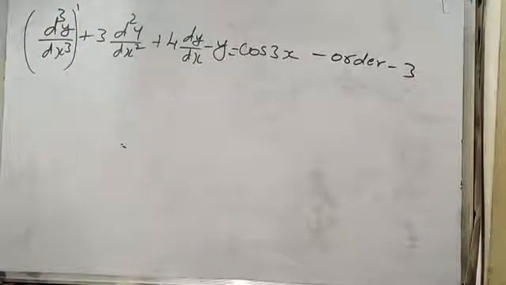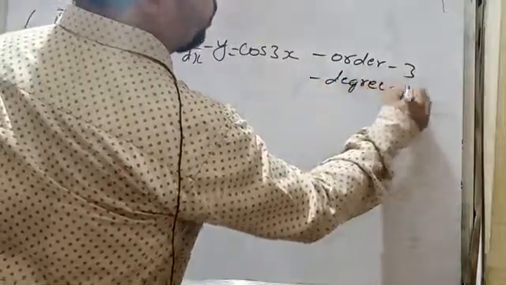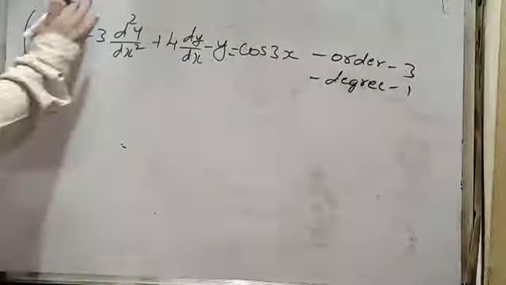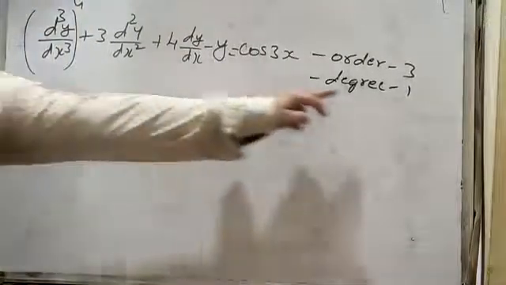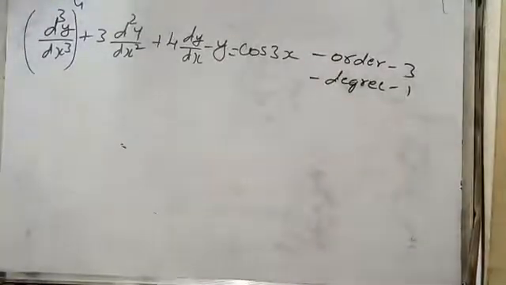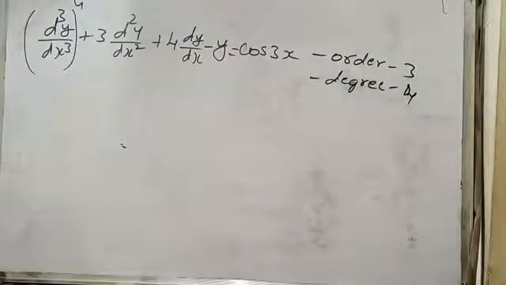Therefore degree is 1. If you find that its degree is some 4, then the degree will be 4. So it is going to change like this. The highest derivative is nothing but its order, and its power is nothing but the degree. Remember this. Right, friends? So this is about the order and degree.